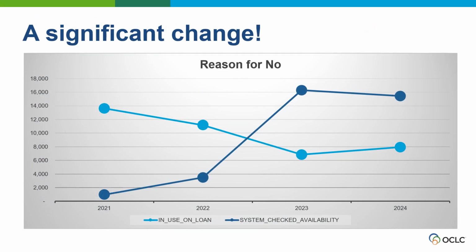And what we've seen when libraries have implemented RTA is that there's a vast change in their reasons for no. In use on loan drops dramatically and RTA increases significantly. And remember, system checked availability using RTA does not take any staff time.